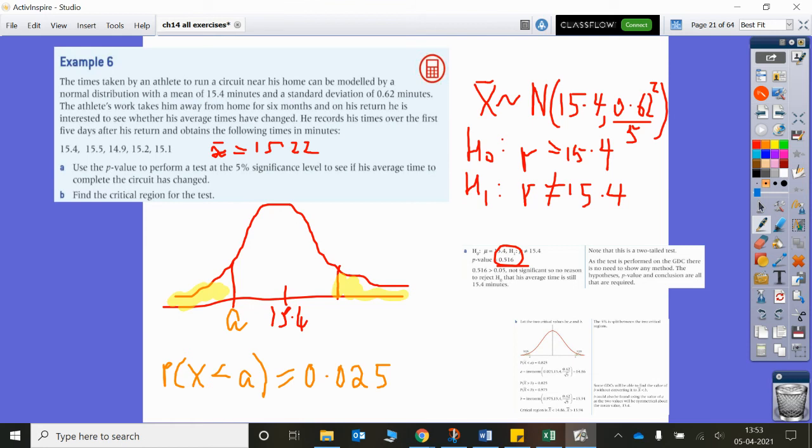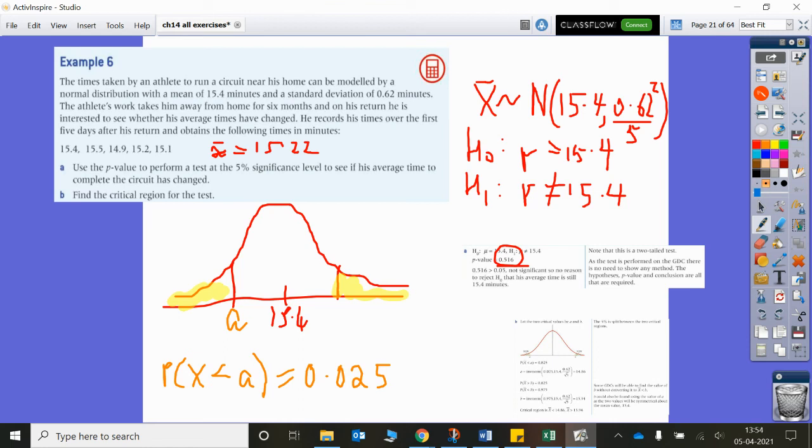Okay, so we're going to go to our calculator, and again we're going to go to Scratchpad and probability. So menu, probability, distributions, and we're going to go to inverse normal distribution. The area we want to trap is 0.05. Mu is equal to 15.4, and sigma in this case is equal to 0.62 divided by the square root of 5.